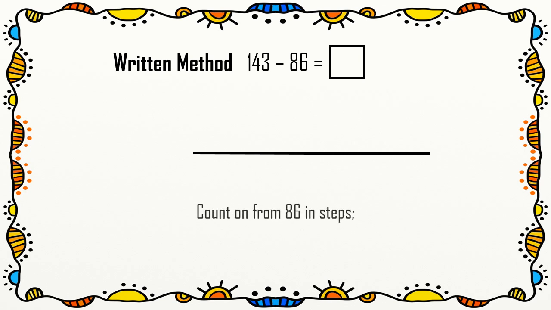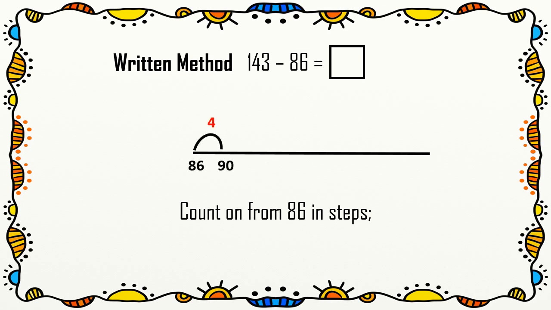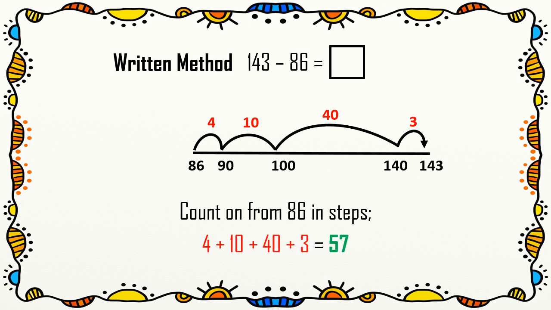Count on from 86 in steps. 86 onto 90 is 4. 90 onto 100 is 10. 100 onto 140 is 40. 140 onto 143 is 3. 4 plus 10 plus 40 plus 3 is equal to 57. So 143 minus 86 is equal to 57.